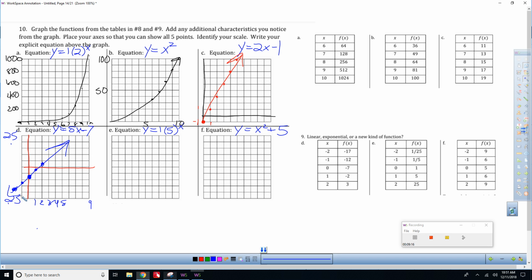Let's put our axis right here and right there. This is going to be just go over by 1 each time. We got to get all the way up to 25, so we'll go up by 5. Make it look like that. Okay? So we've got -2, tiny.